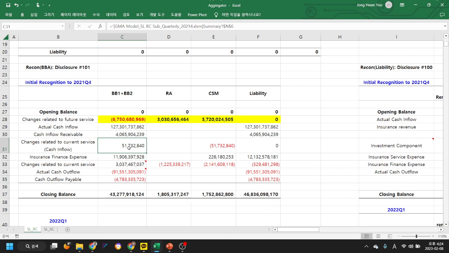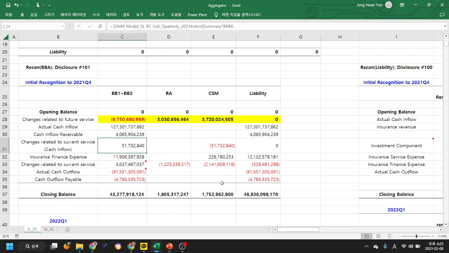But on the premium side, this experience adjustment goes in here, and we subtract this one out of the CSM, and we come up with the insurance finance expense.